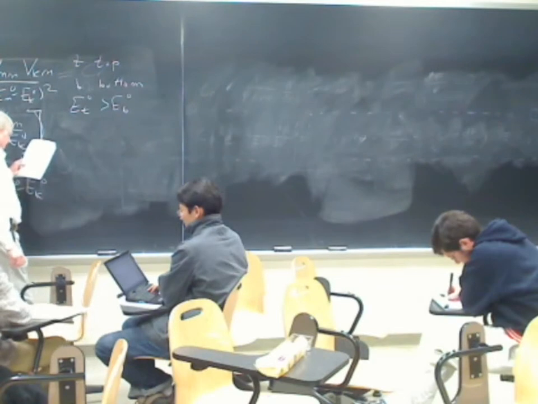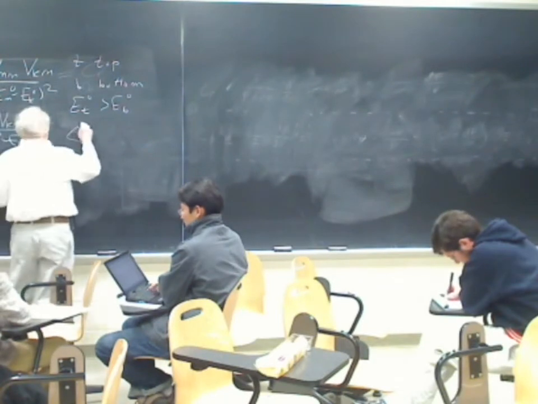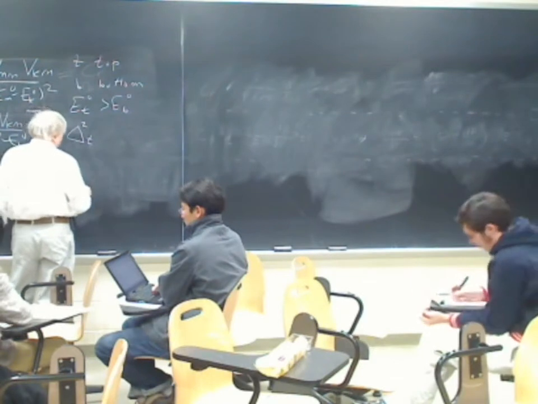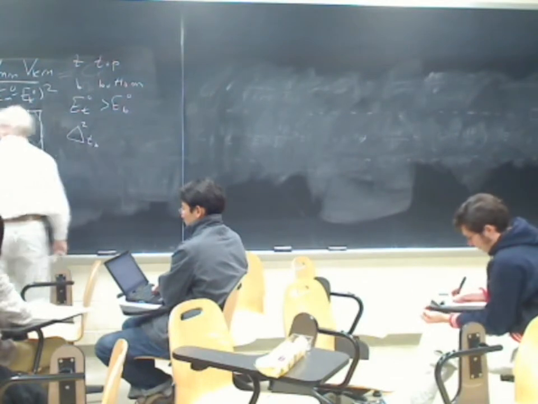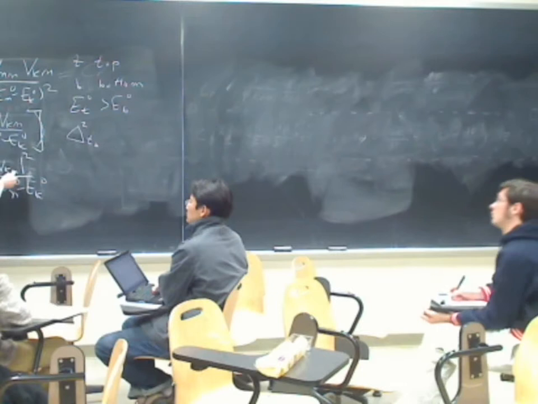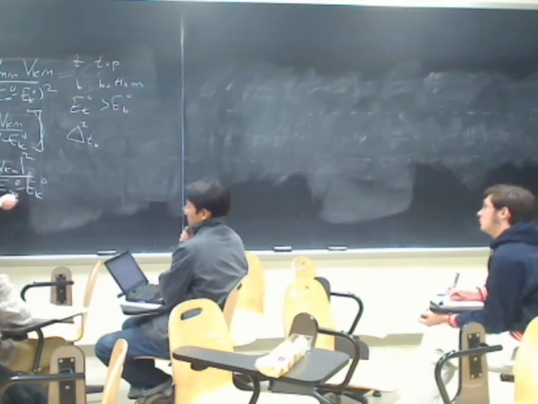Okay, so what's the second order change, E2 of the top due to the bottom? In other words, if we look at these energy shifts, the energy shift on the nth level is due to all of the other levels.